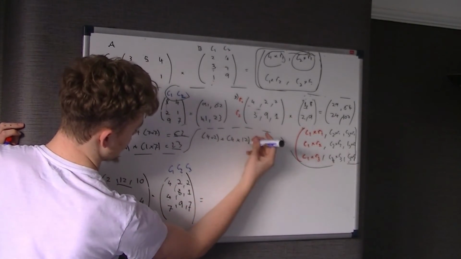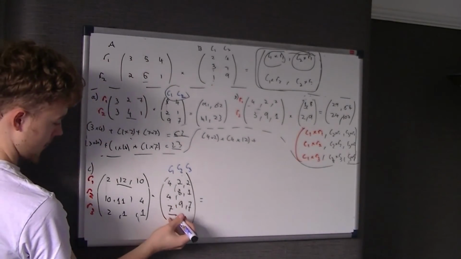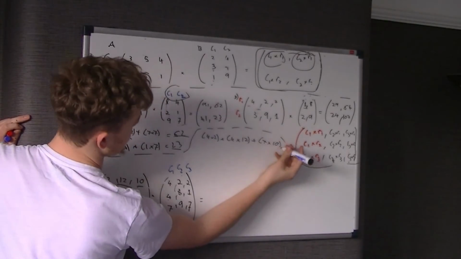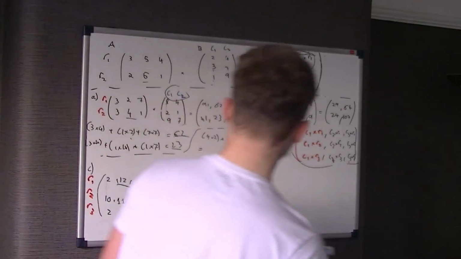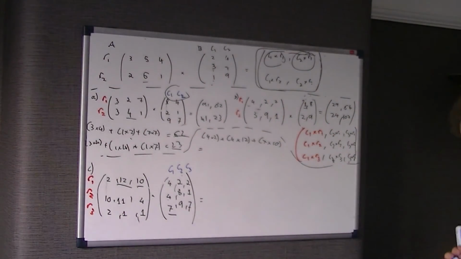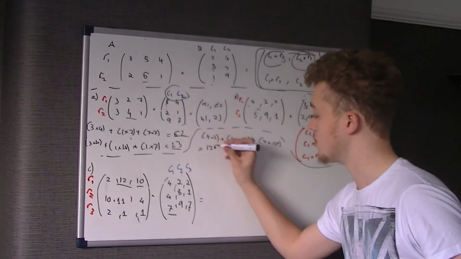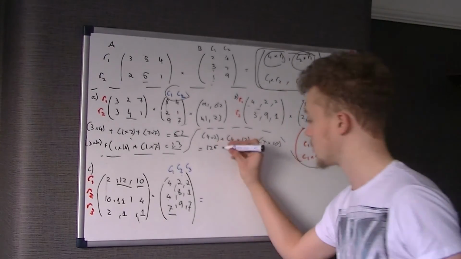Never mind. Plus 7 times 10. So that's obviously 8 plus 48 plus 70, which is 126. So that is equal to column 1 times row 1.